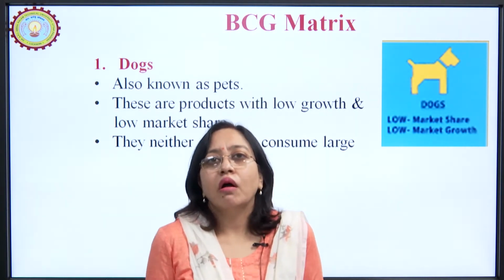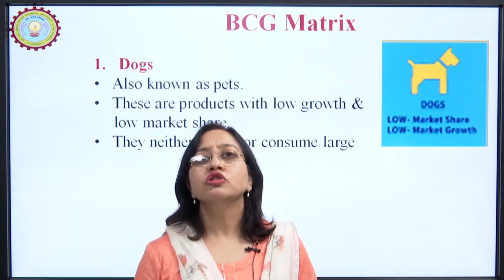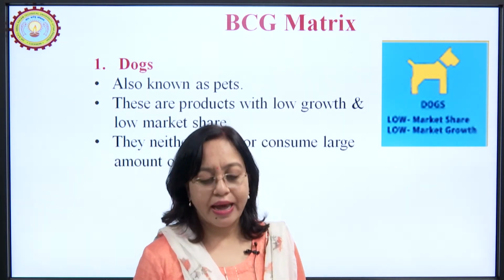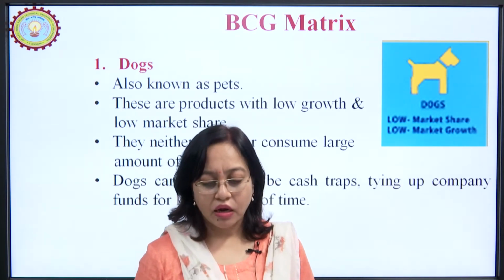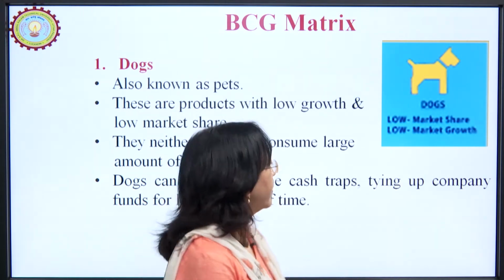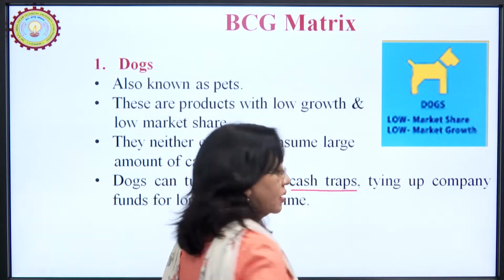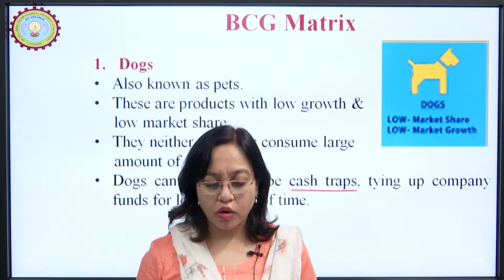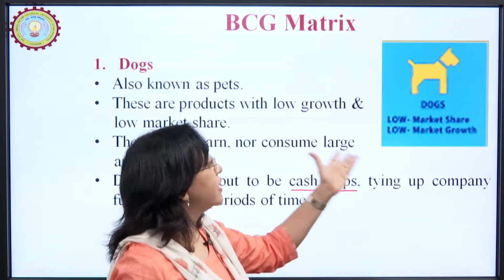Now, because not much activity takes place here, they neither earn nor consume large amounts of cash. Then dogs can turn out to be cash traps. Cash traps means they can tie up companies' funds for long periods of time without giving any results.